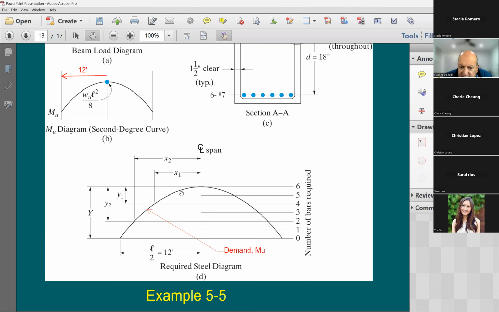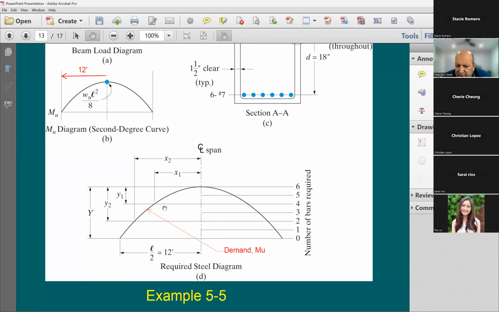This curve is for the demand. If you want to see the moment here, it's going to be this much. Moment here is going to be this much. Moment here is going to be this much. Because the demand is the same as the capacity, right in the middle here, Mu is going to be equal to phi Mn.